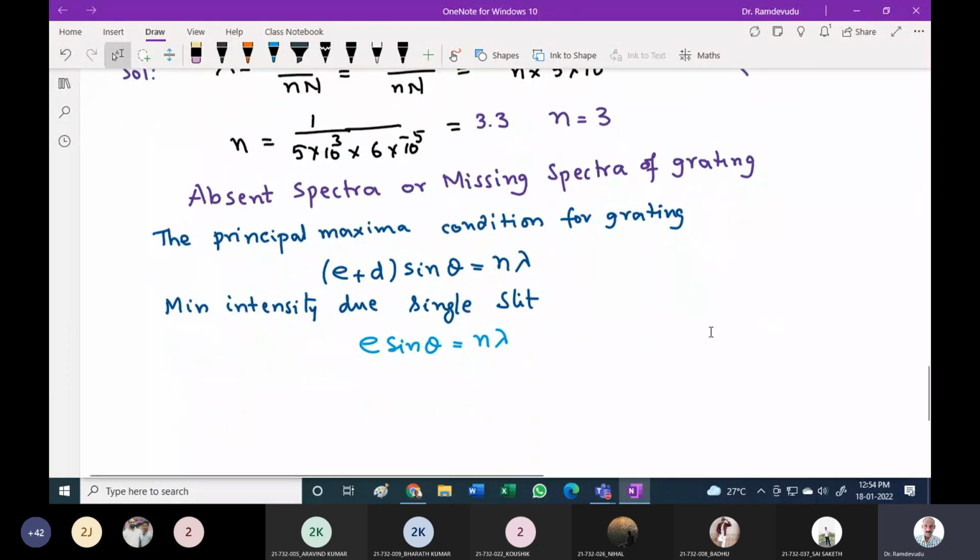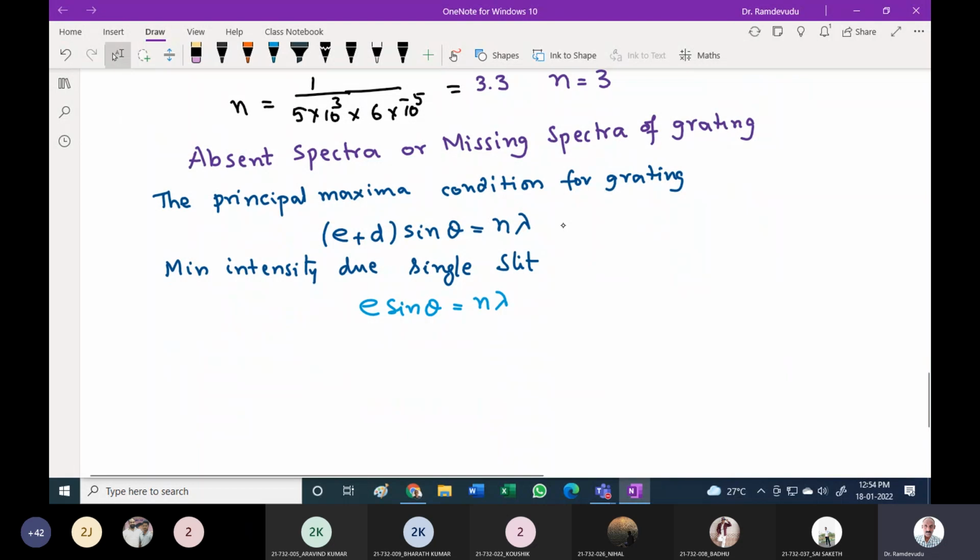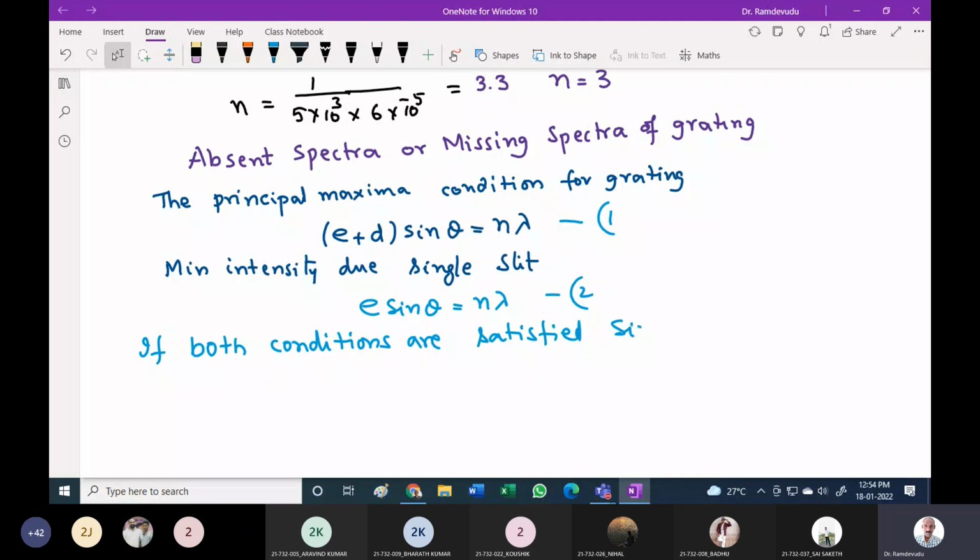So if both conditions, this is 1 and this is 2, are satisfied simultaneously for a given n, for a given order, that means maybe the third order of this exactly falls on the second order of this, or the fourth order of this exactly falls on the second order of this, they will cancel each other.